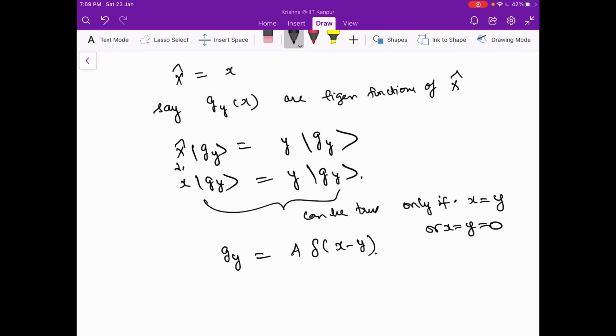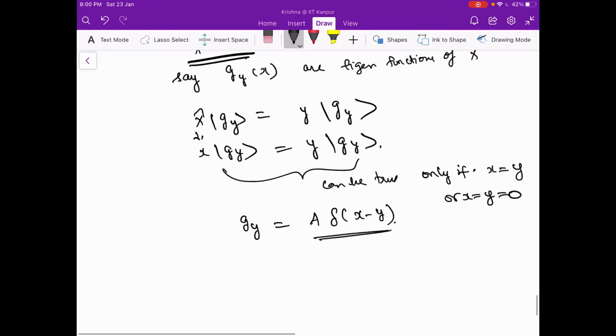Only if gy is a delta of x minus y can this relation be true, and hence for an operator defined like this, your bunch of vectors which are eigenfunctions of this operator are delta functions, right?